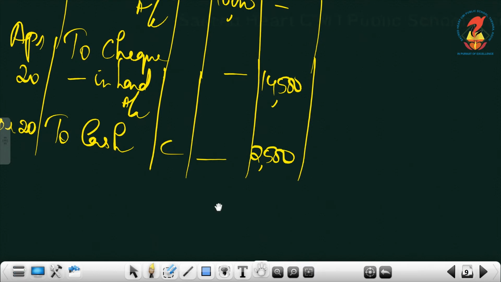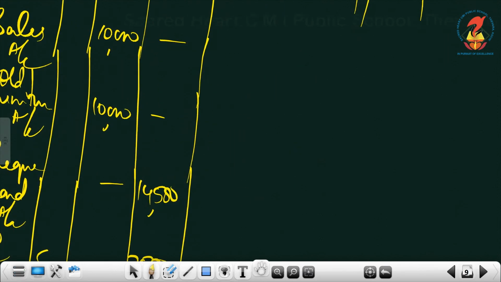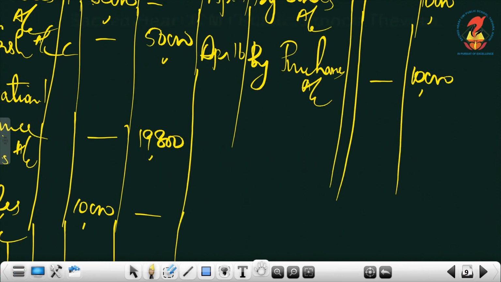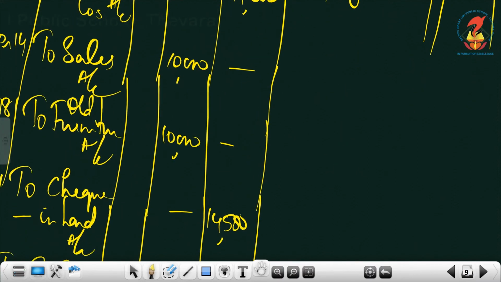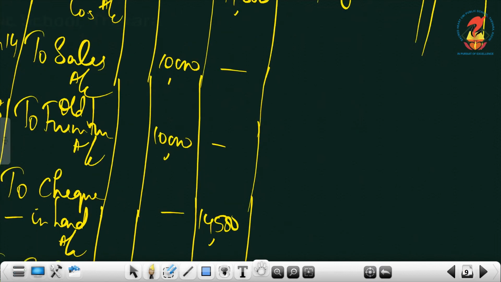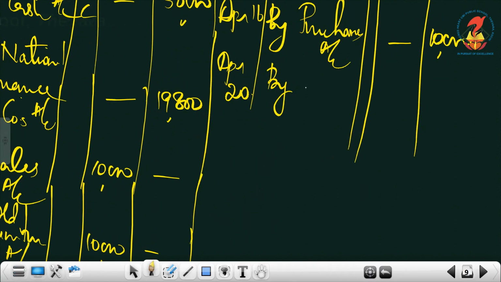It's a contra entry, so on the credit side also do the posting. You can just write the opposite of this. Here you have written to cash, so now we have to write by bank. By bank account, amount in cash column. What is the amount? 2,500.